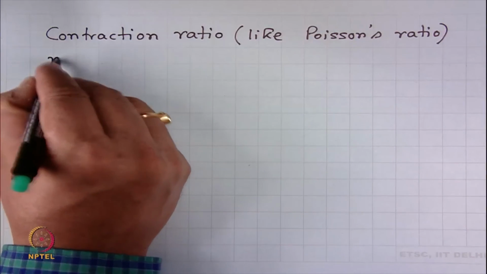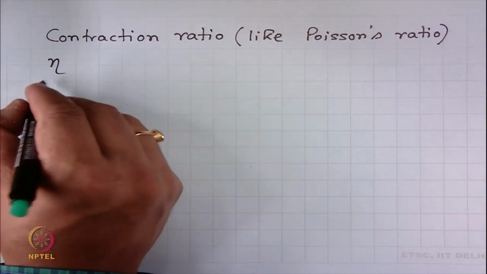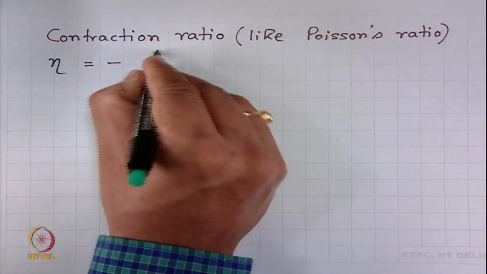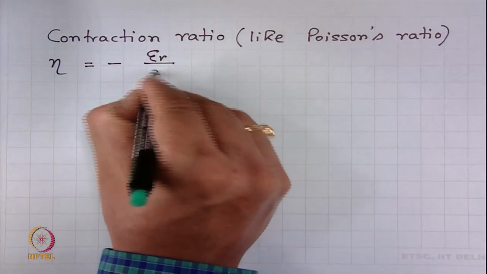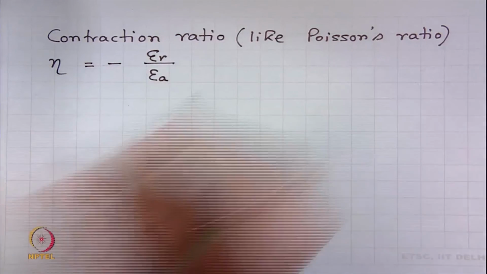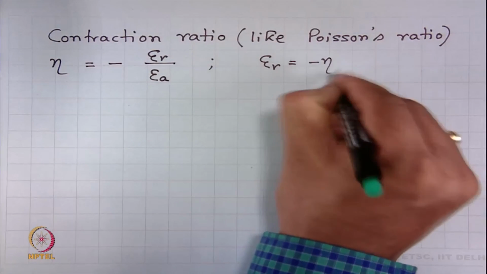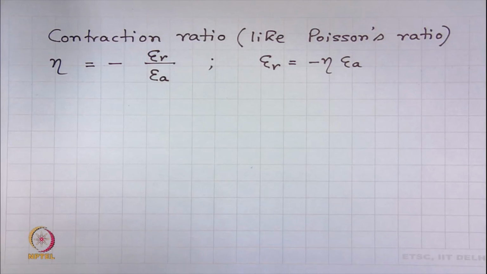We use the symbol eta for that, is equal to minus radial strain by axial strain. This gives you epsilon r equal to minus eta times epsilon a.